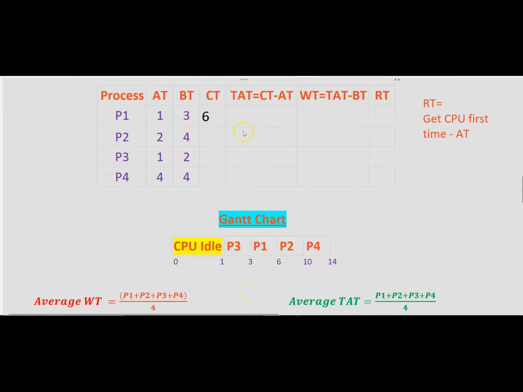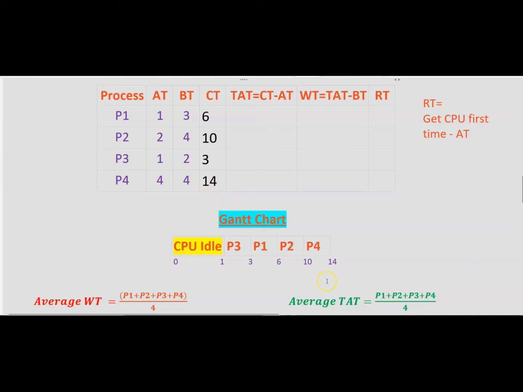Then comes P2, which releases the CPU at 10 time interval, so I'm writing the value of 10. Then comes P3. From the Gantt chart it is very clear that it is releasing at 3 time interval. Last I have P4. Similarly, P4 is releasing the CPU at 14. Yes, I got the completion time values.